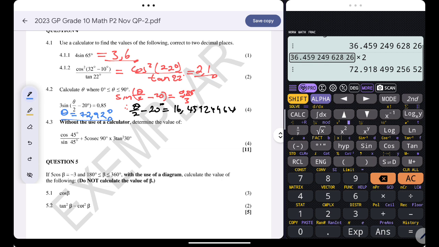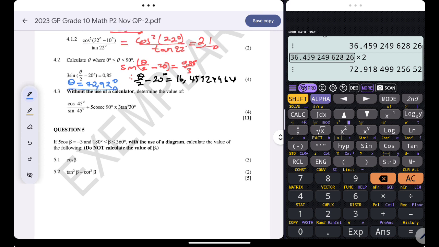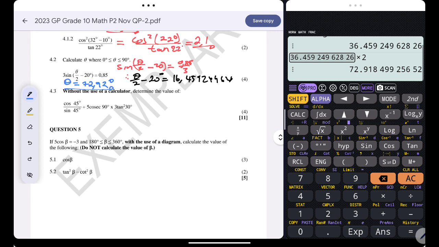I'm asked to calculate without using a calculator, né? Without using a calculator, determine this thing. It's cos of 45 degrees. Now let me not rewrite the same thing that I see there. It's time wasting. Please note, guys, 30, 45 and 60 are regarded as special angles, né? They are called special angles because their values of x, y and r are known.